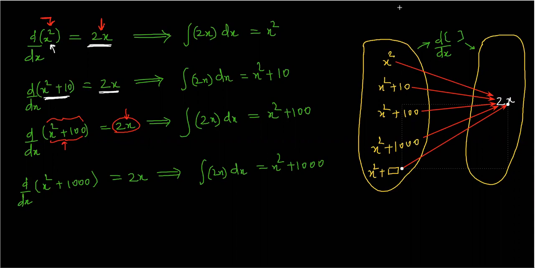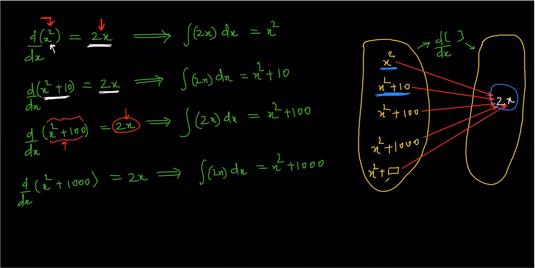What I am trying to tell you is, when you are differentiating a function, the derivative of a function is always unique. X square has one and only one derivative, that is 2x. This also has one and only one derivative, that is 2x. So all these functions have single derivatives.